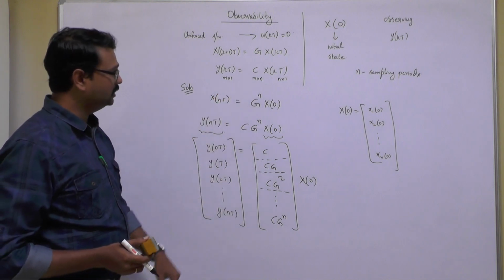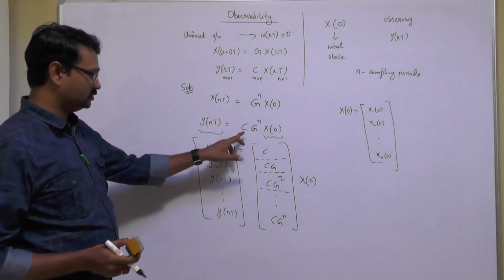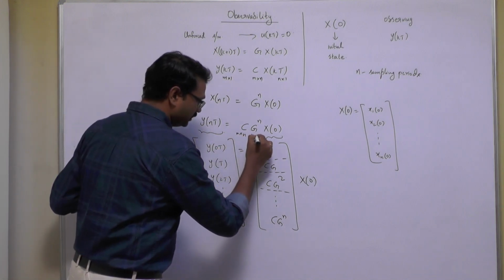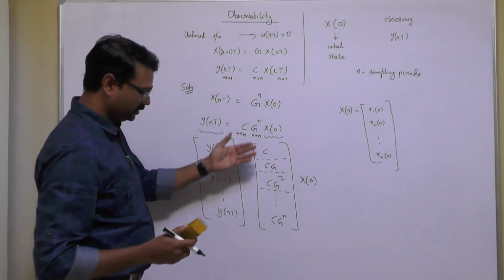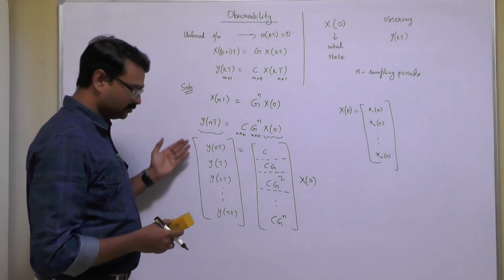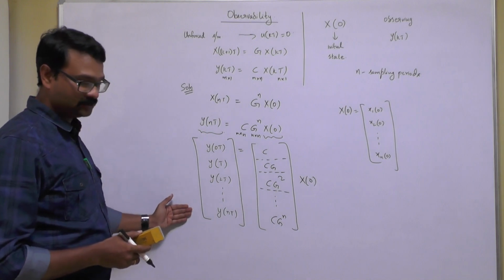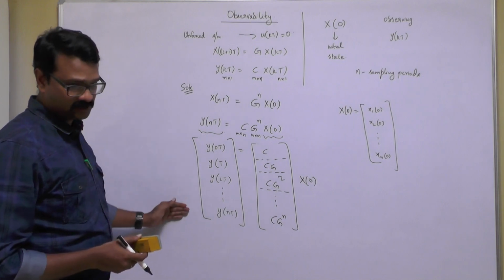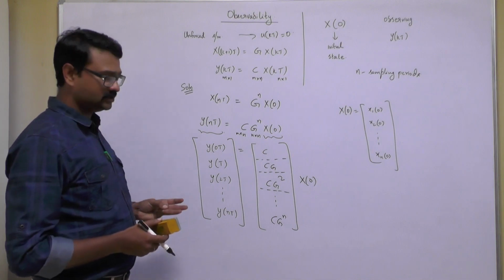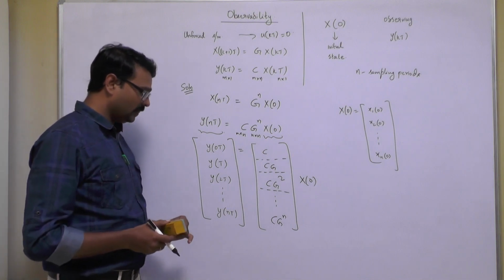And those matrices are m by n matrices. C into CG, C into G gives us CG. C is m by n and G is n by n. Therefore, you have an m by n matrix everywhere. And if you want to know how many output variables are required in your system, you can consider so and so. Therefore, you can find out the number of outputs available in this system, right?